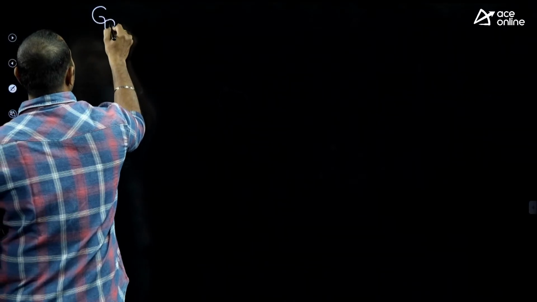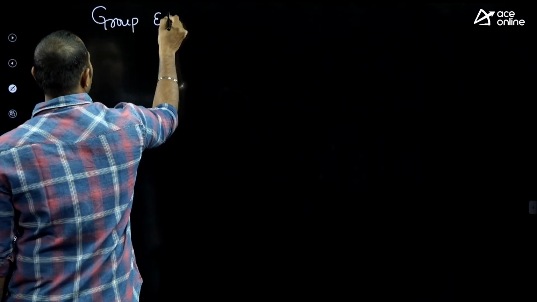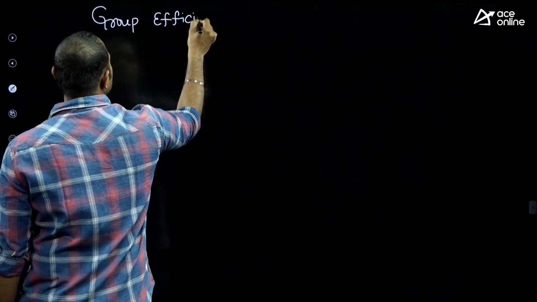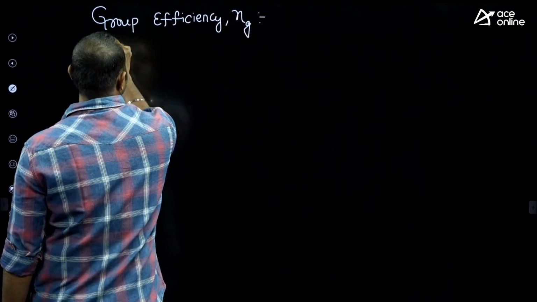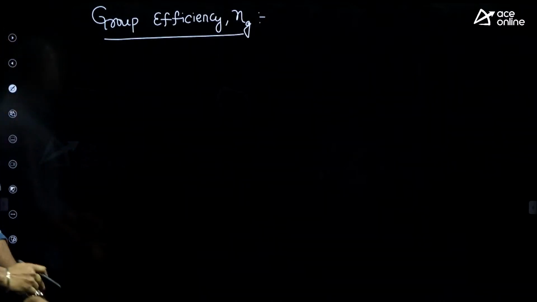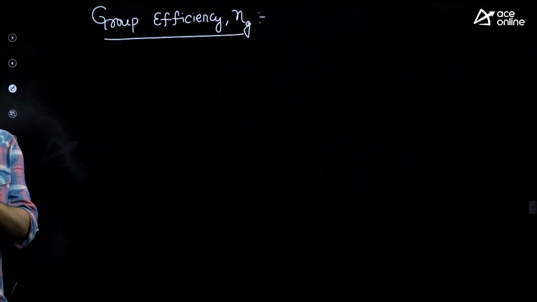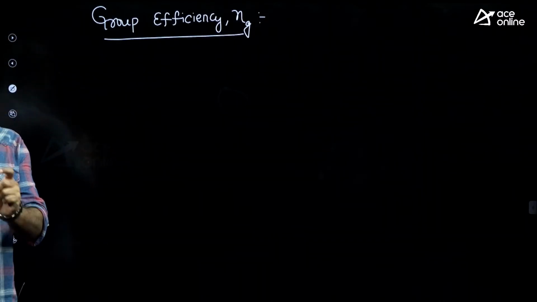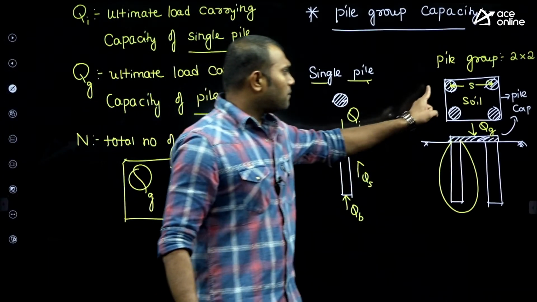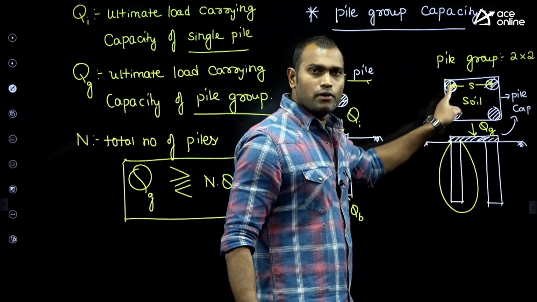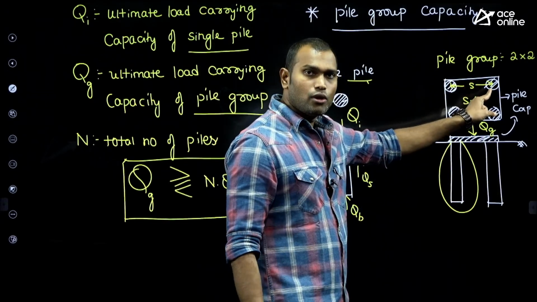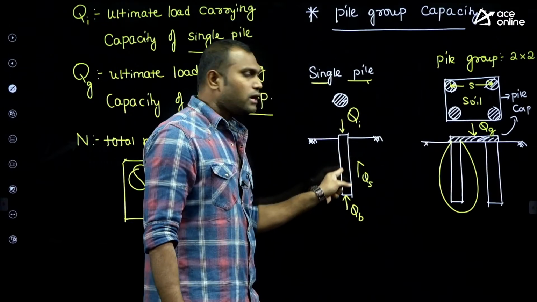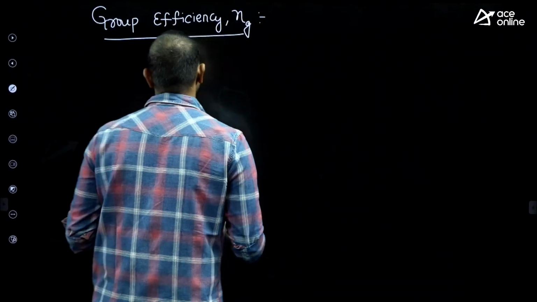Now, that group efficiency, eta G. What is this group efficiency? The group efficiency is the average load carried by a single pile in the group to the ultimate load carried by the single pile.